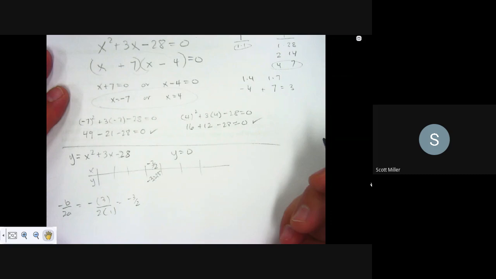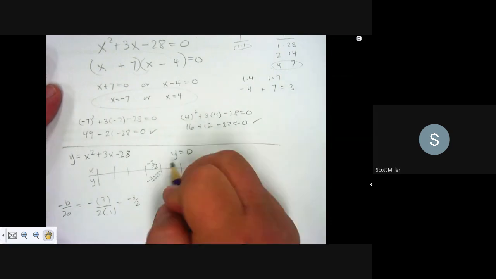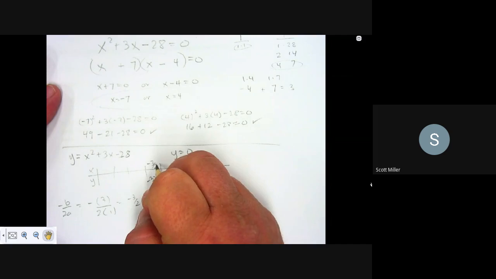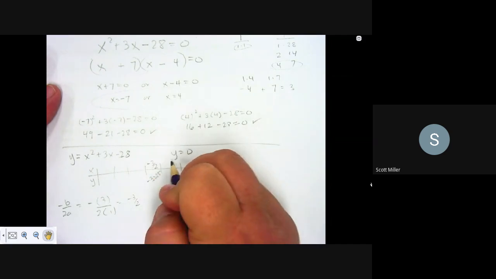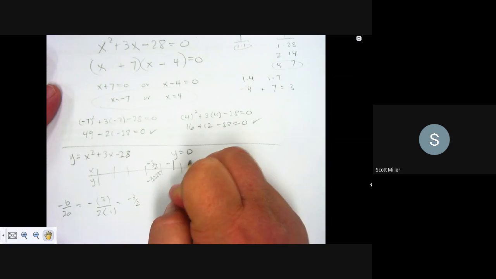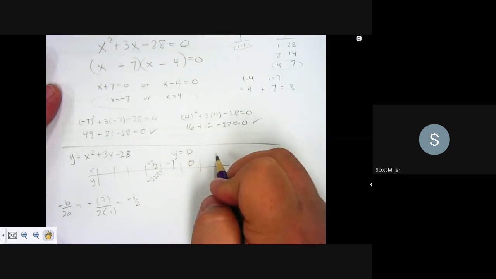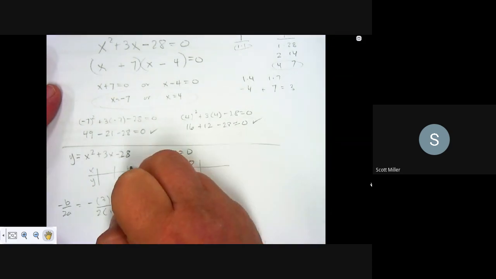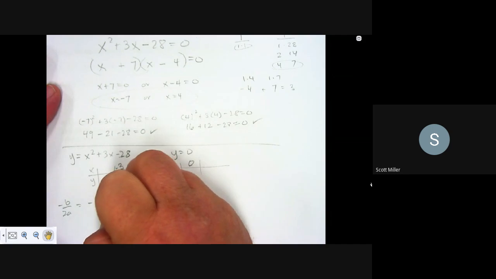So we need two numbers above and two numbers below. And this is a negative 1.5. So we've got negative 1 and 0, and then negative 2 and negative 3.